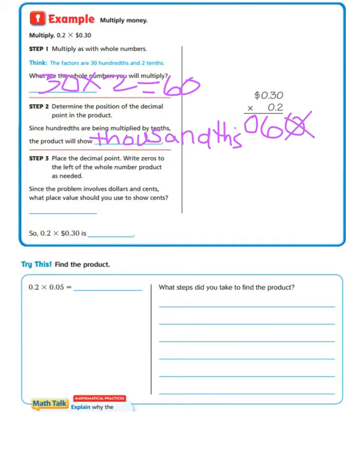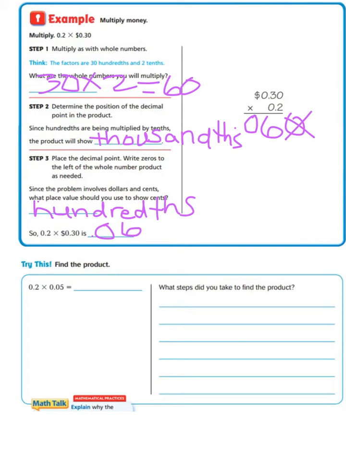And therefore, our answer is going to show to the hundredths. So 2/10 times 30/100ths is 6/100 or 6 cents.